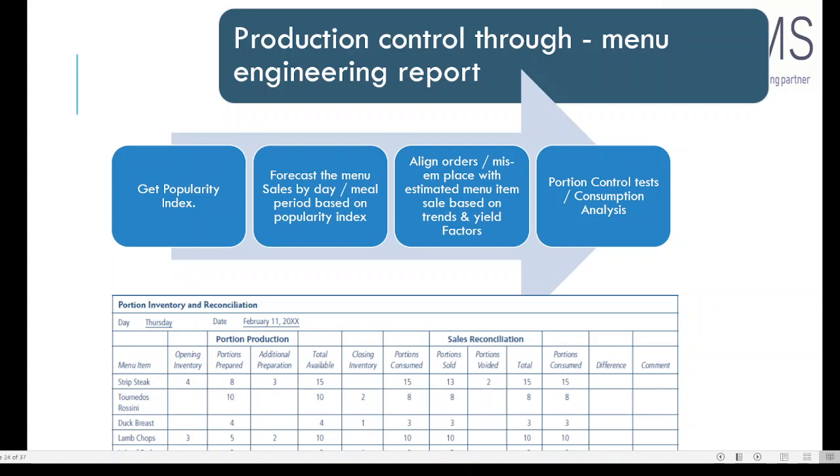So it shows how many portions are actually used, and then they will go into the menu engineering report and see whether there is enough sale to justify that consumption.